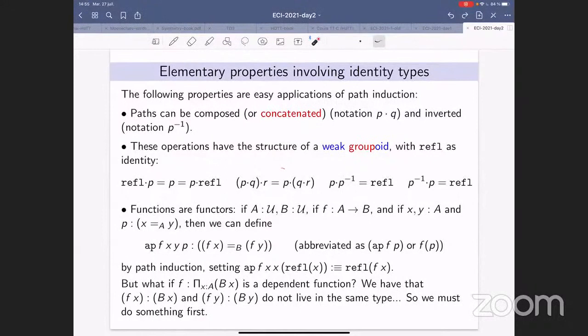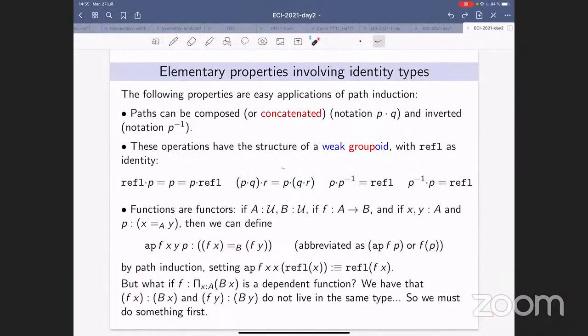So it maps points to points, but it also maps paths to paths. So what we seek is, given x, y of type A, so f is fixed, given a path P of type x equals y, we want to define a path from f x to f y in B. And this guy, we don't need to postulate it because path induction will give it for free.